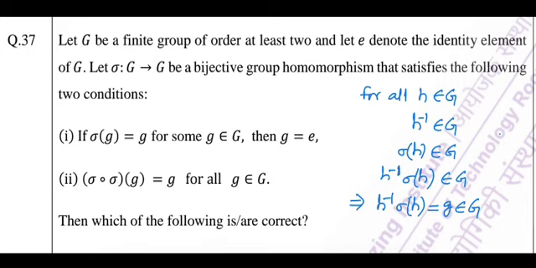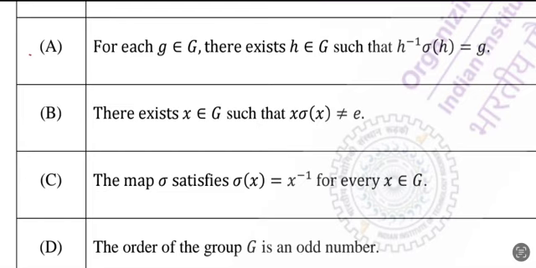First is this mapping sigma, and this is an isomorphism. Second thing is that both the groups are the same. See in the red circles, both groups are the same. So we have concluded that our option A is true.